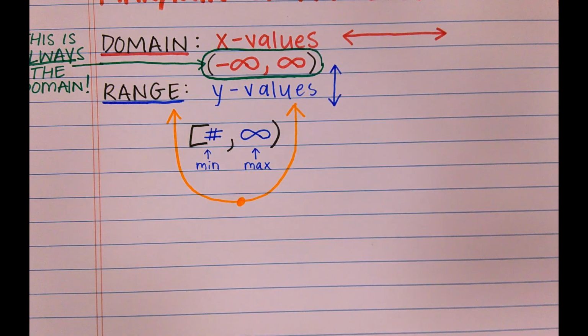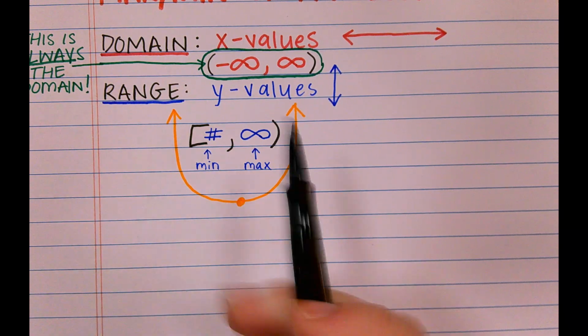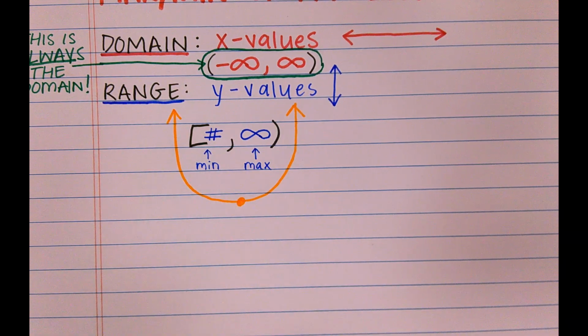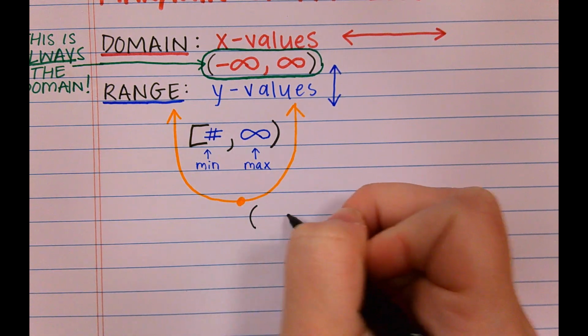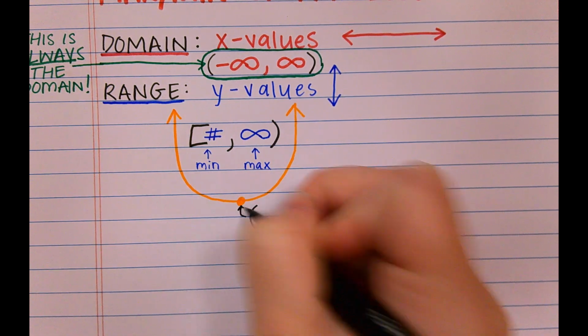Now here's a trick. Your minimum number will always be the y value of your vertex.